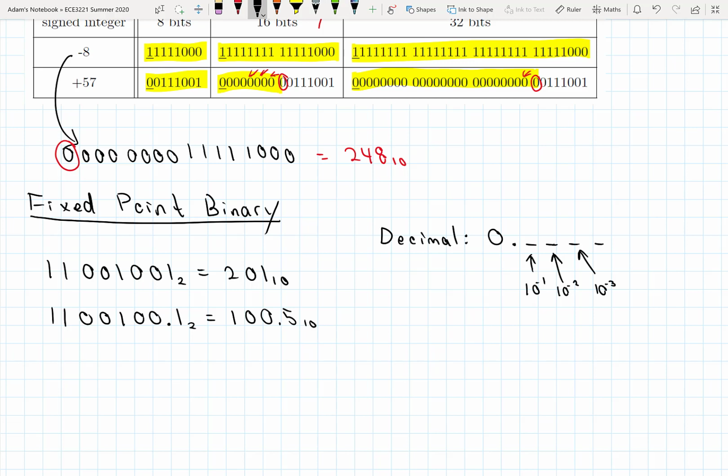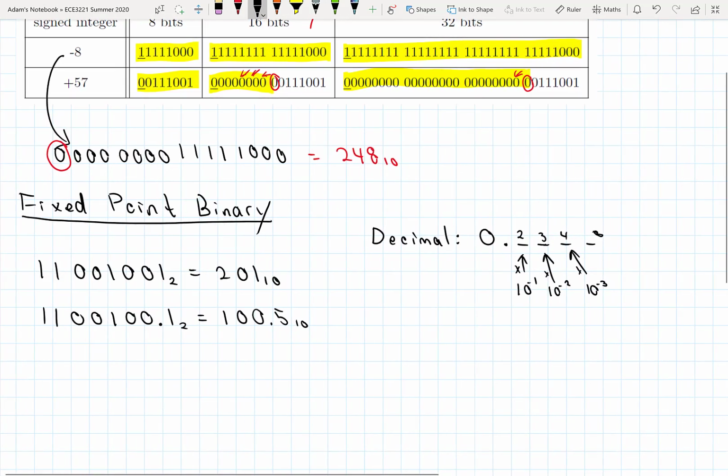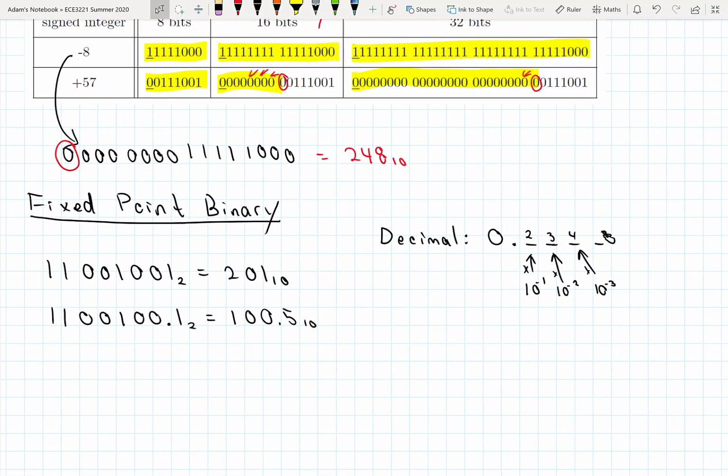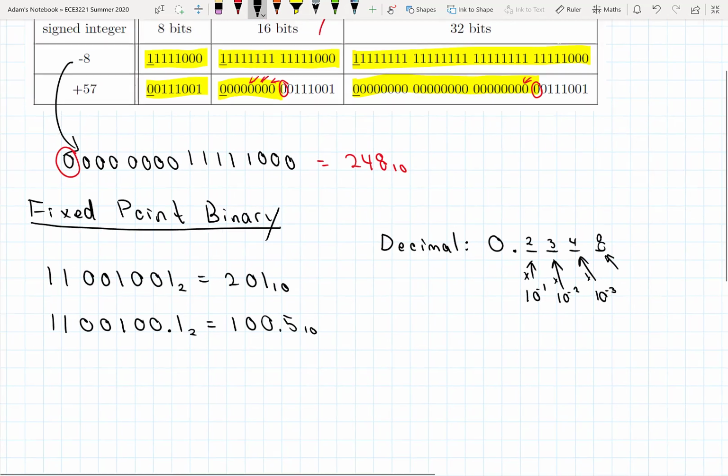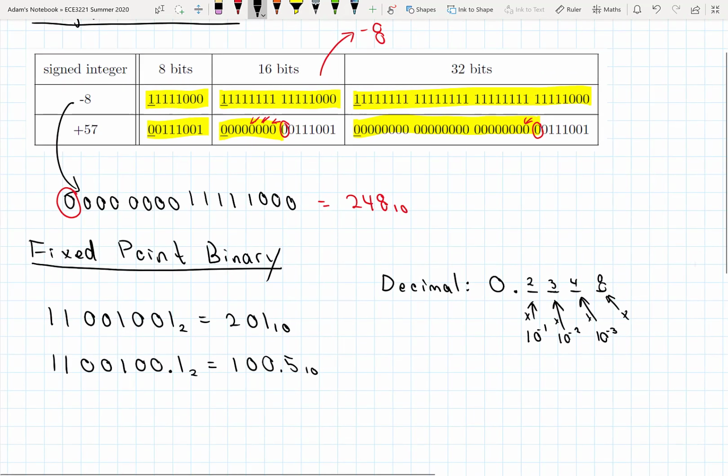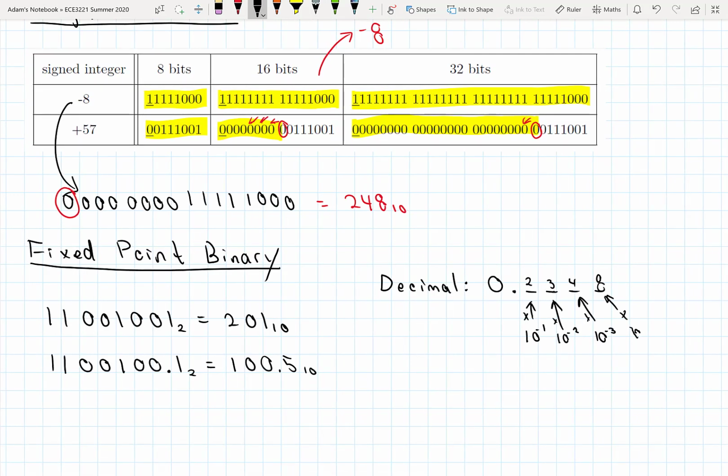Of course, it can be times whatever value is in that position, so 2 times that, 3 times that, 4 times that, 8, for example, times 10 to the minus 4.